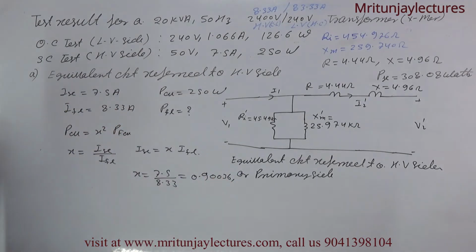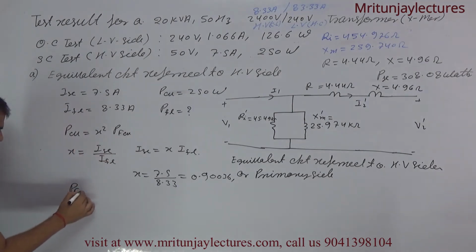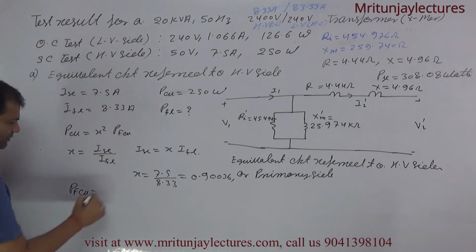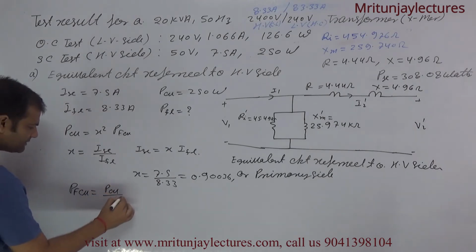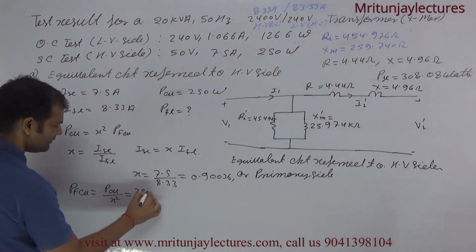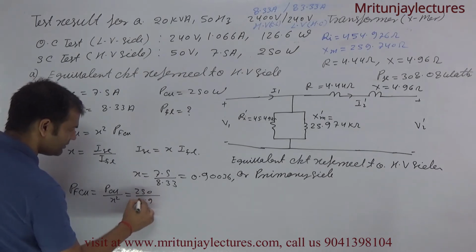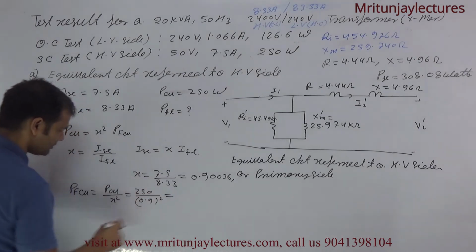Now our motto: full load copper loss is equal to 250 divided by x square, that is 250 divided by 0.9 to the whole square.